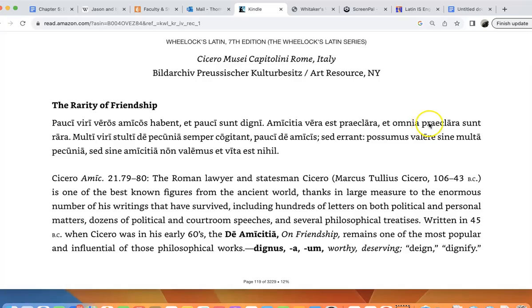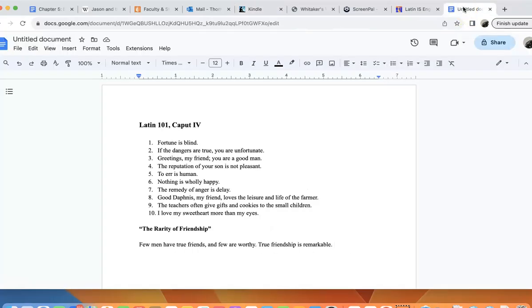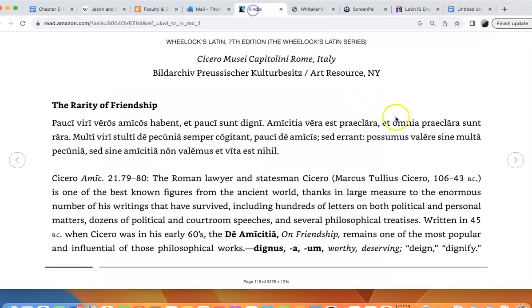And all splendid things are rare. Or everything, yeah. So this could be "and everything splendid is," but then we change the verb to the singular. So I'm going to say "and all splendid things are rare." So we're kind of adding a "things." All splendid things are rare. As you know, often in writing, you want to avoid the word things, but in this case, I think it fits.